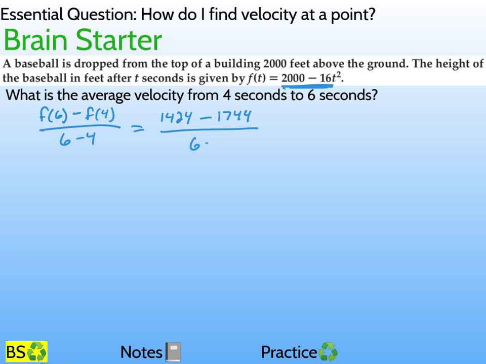All of that divided by 6 minus 4. Subtracting those numbers, we'll get negative 320 over 2, which reduces to negative 160, and that is feet per second. The negative is because it's going down as it goes from 4 seconds to 6 seconds.